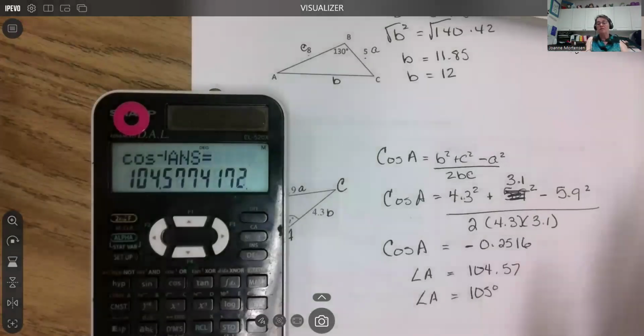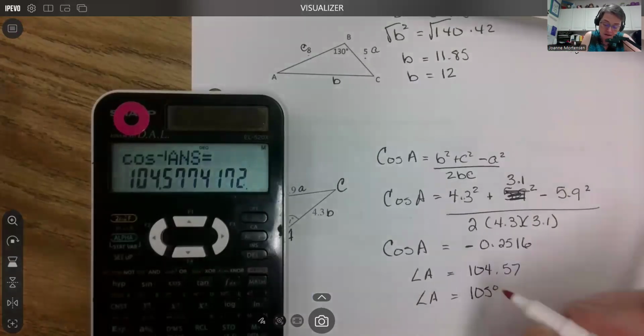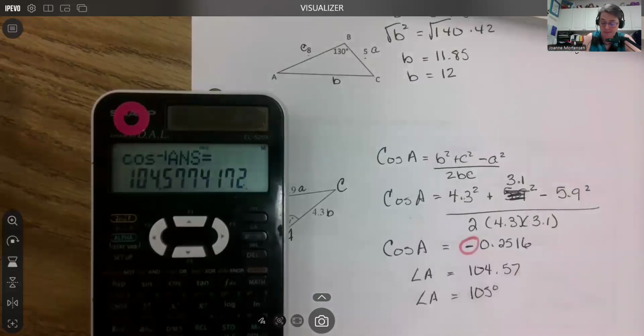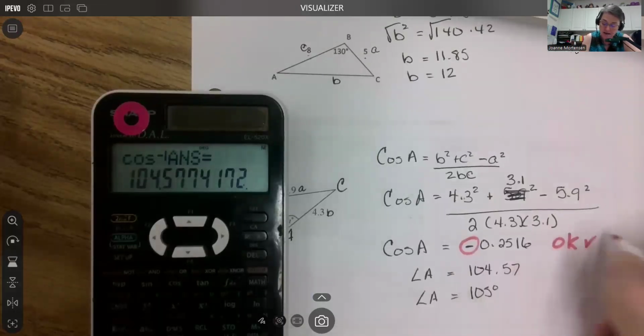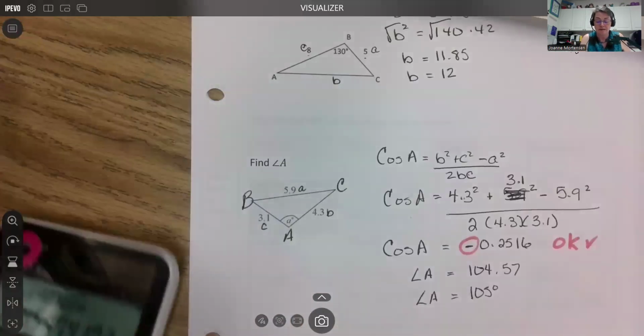See, if that was a sine law, we'd have to go, well, is it 75 degrees, which is what my calculator just gave me, is it 105? No, it's just magic. And it is completely okay that that is a negative. I'm going to put it there because somebody's going to look at the notes and go, huh? That just reminds me that it's an obtuse angle. All right, no worries.